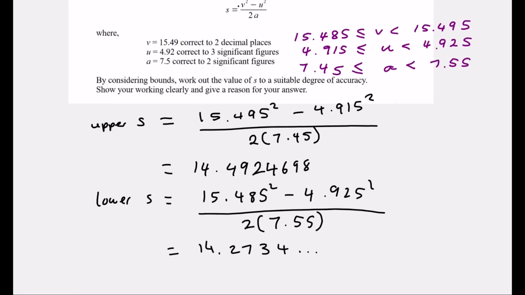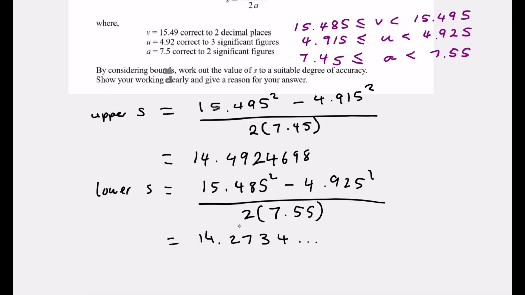So to a suitable degree of accuracy, what do the upper bound and the lower bound round to? We can say it is 14 to 2 significant figures, or the nearest whole number.